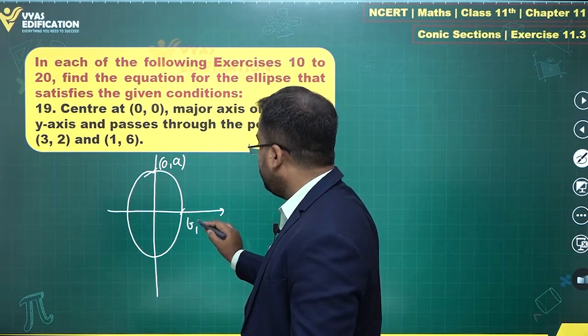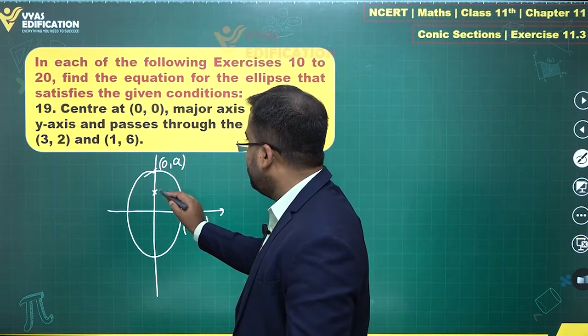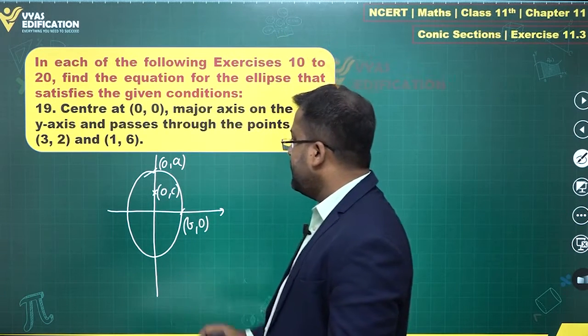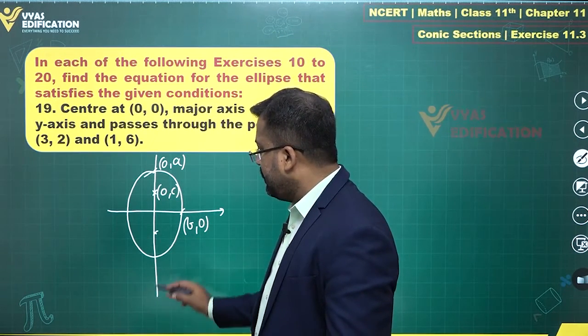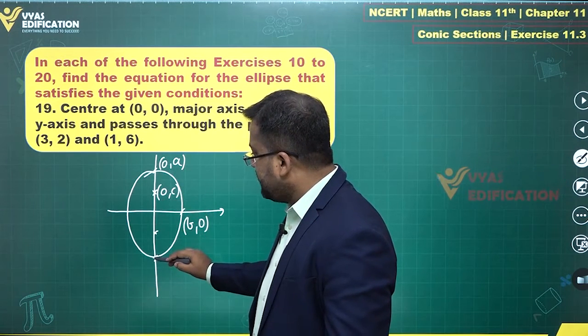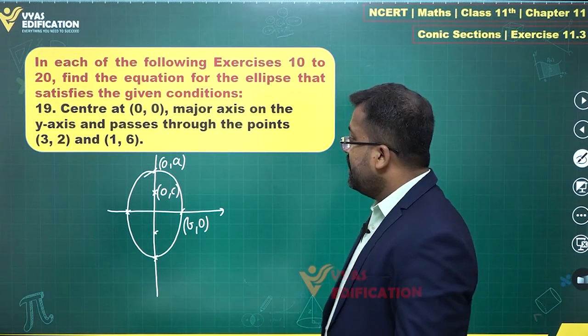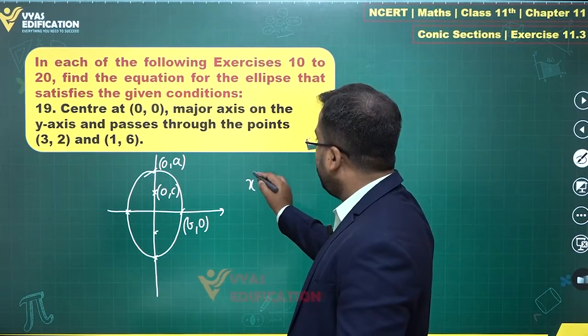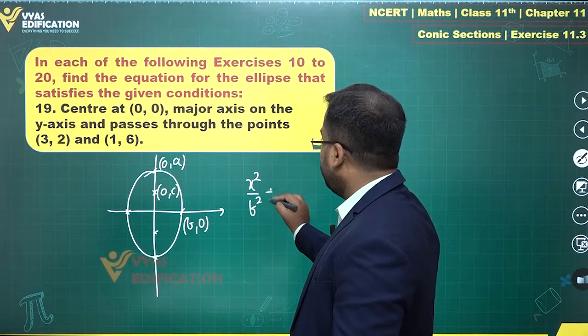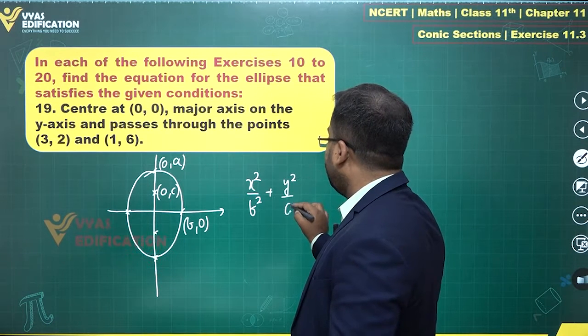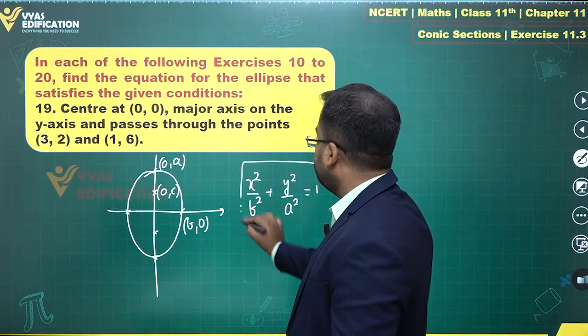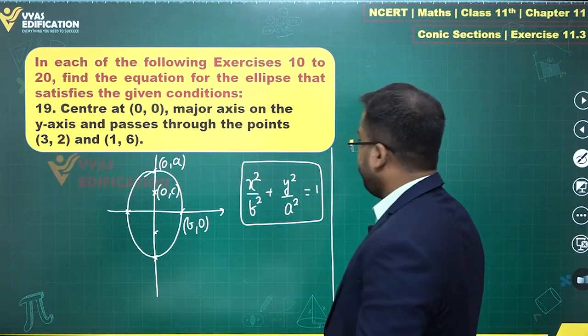This here is b, 0, and this here will be 0, c. Similarly, the other focus will be 0, minus c. The other end of the major axis will be 0, minus a. The other end of the minor axis will be minus b, 0. And the equation will be x square upon b square plus y square upon a square is equal to 1. This will be the required equation.